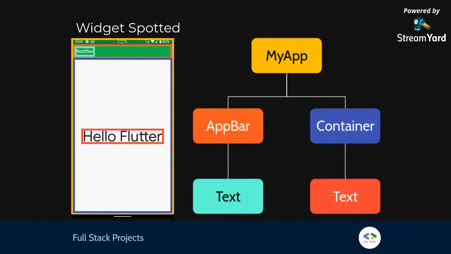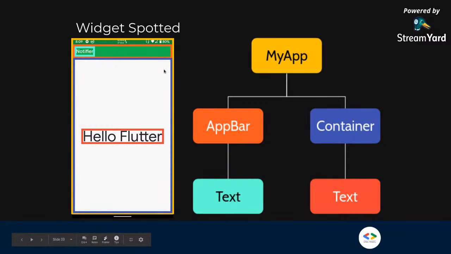So here is our app that we are going to build and its corresponding widget tree. You can see over here that it has the top level widget my app that represents the entire app, and then we have the app bar, and inside we have the text, and then we have the container.